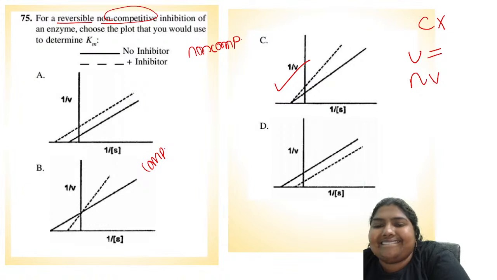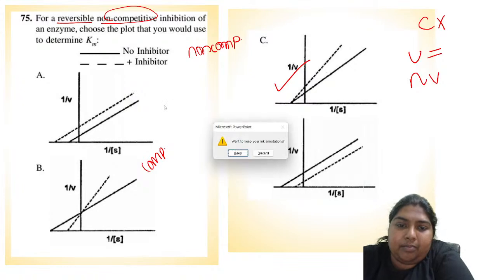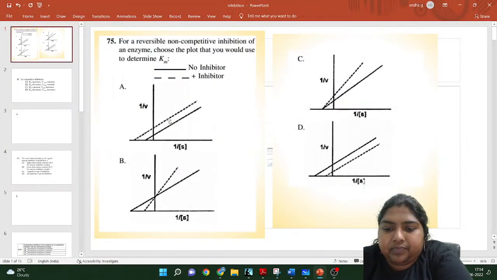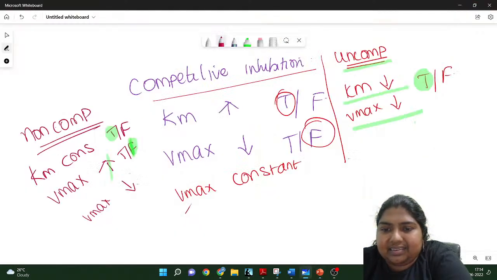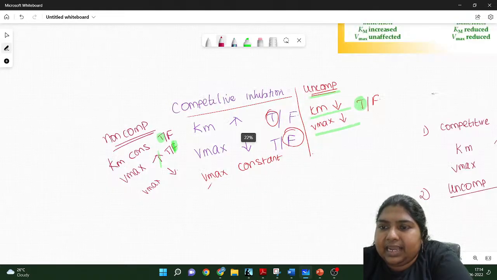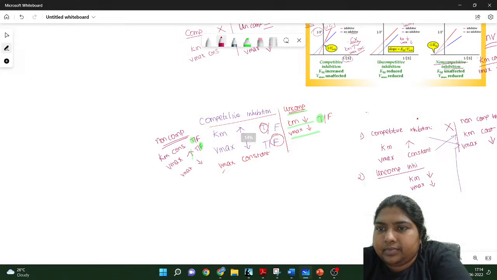Which one? So for U parallel, which one should be at the top? Did you remember this diagram? Who should be at the top?